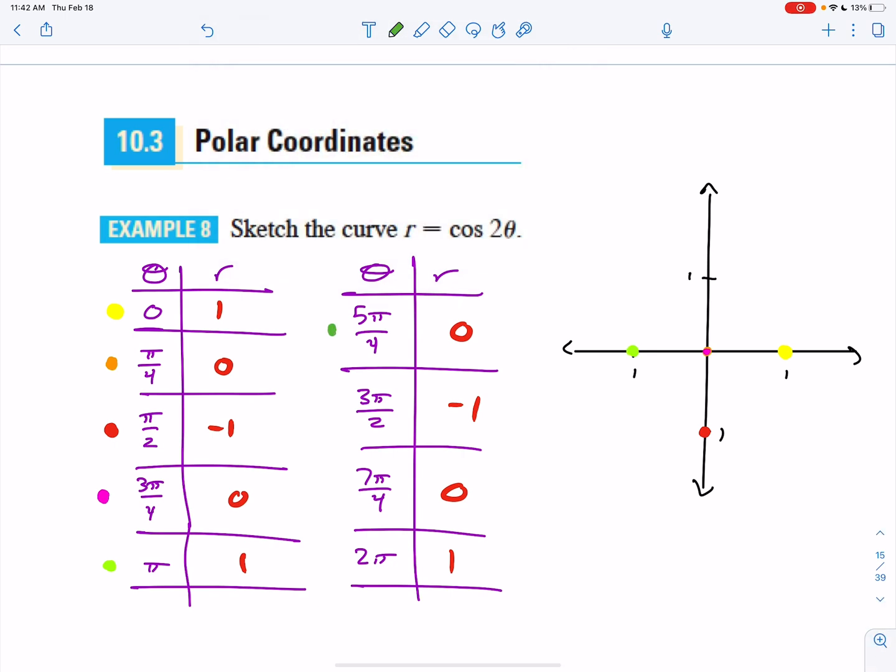Let's keep going. This darker green, 5 pi over 4 is in quadrant 3, but the radius is 0, so I'm back at the origin. Okay? Anytime the radius is 0, you're at the origin. Okay? At 3 pi over 2, 3 pi over 2 is down below negative y-axis, but since the radius is negative, I'm going to go opposite, and I should be up here. Okay? 7 pi over 4 is in the 4th quadrant, but the radius is 0, so I'm back at the origin.